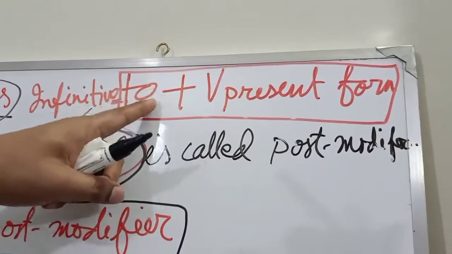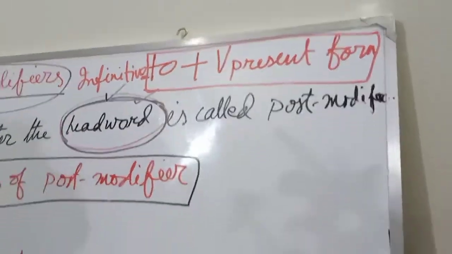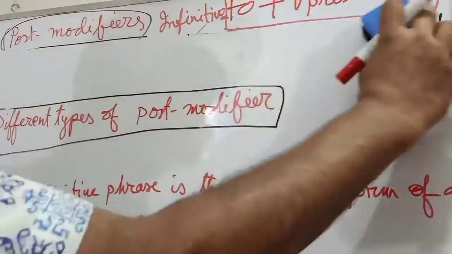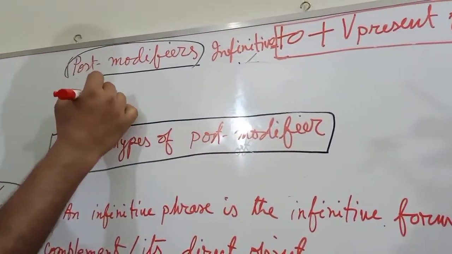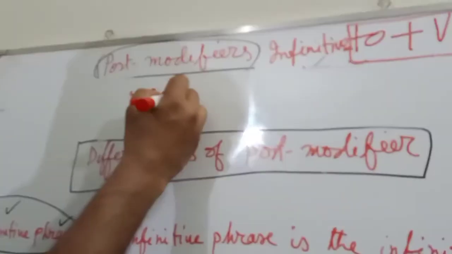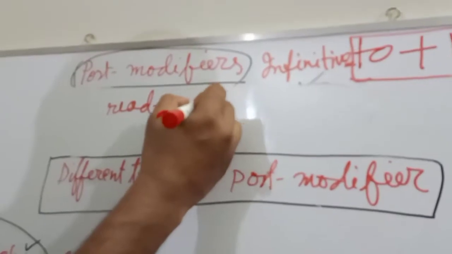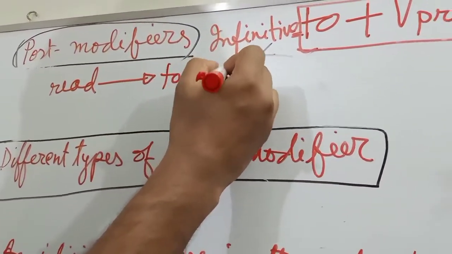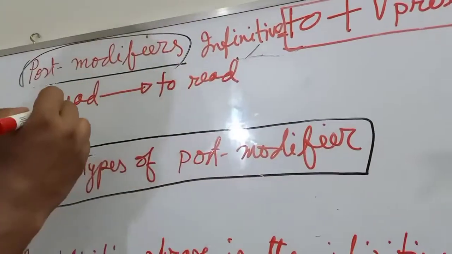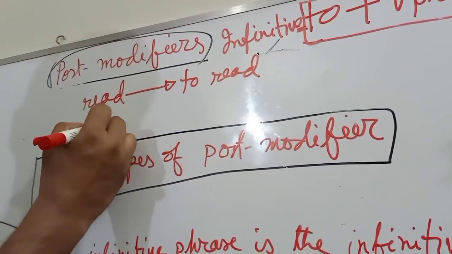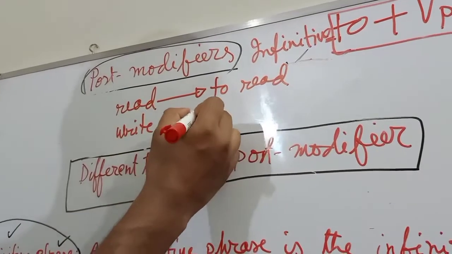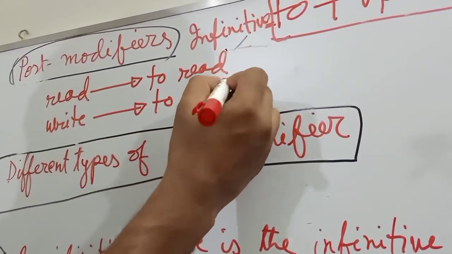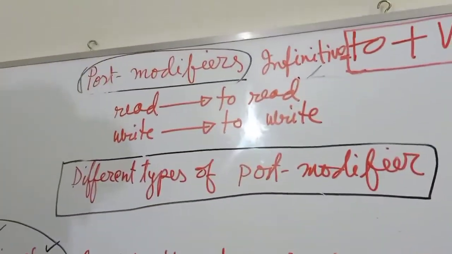To এর সঙ্গে ভার্বের present form. You can be clear by the example: if the verb is read, then its infinitive is to read. If the verb is write, then its infinitive is to write. Clear?